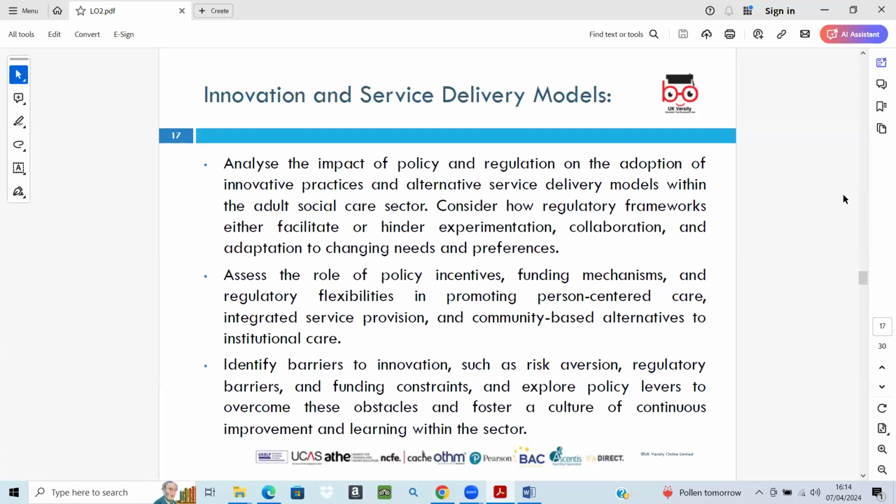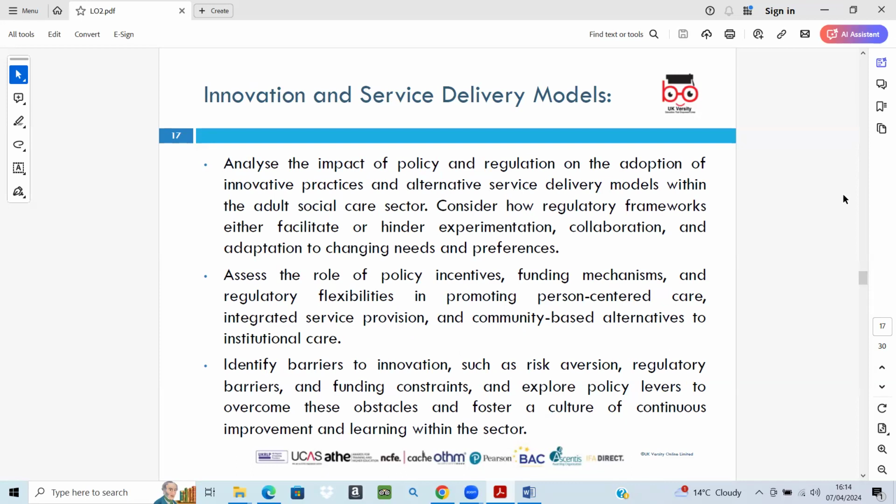We need to analyze the impact of policy and regulation on the adoption of innovative practices, the role of policy incentives, and identifying barriers. A few of these bits we discussed as well.